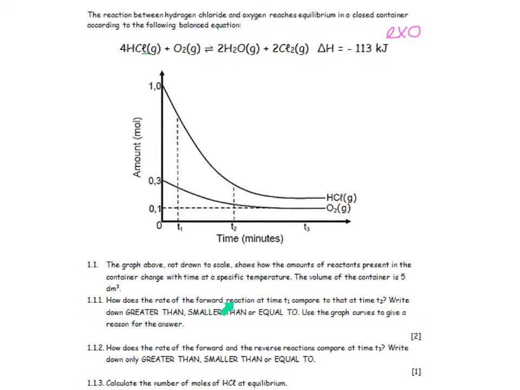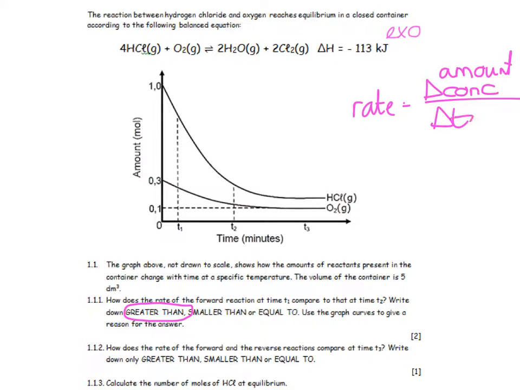How does the rate of the forward reaction at time t1 compare to that at time t2? Write down greater than, smaller than, or equal to. Well, it is greater than, and the reason that you need to give is, what is rate? Rate is change in something, concentration or amount or color, divided by change in time.